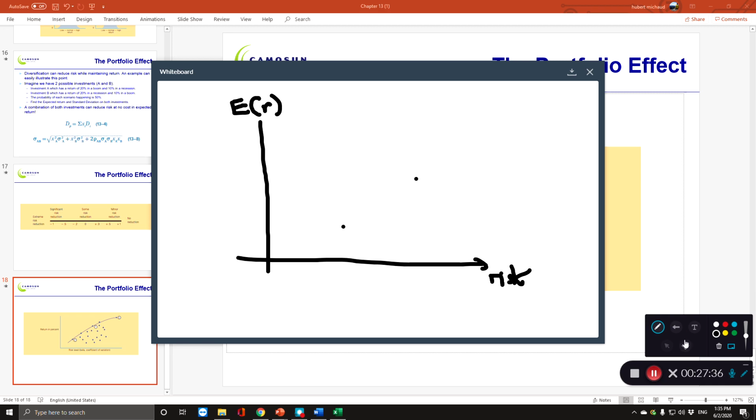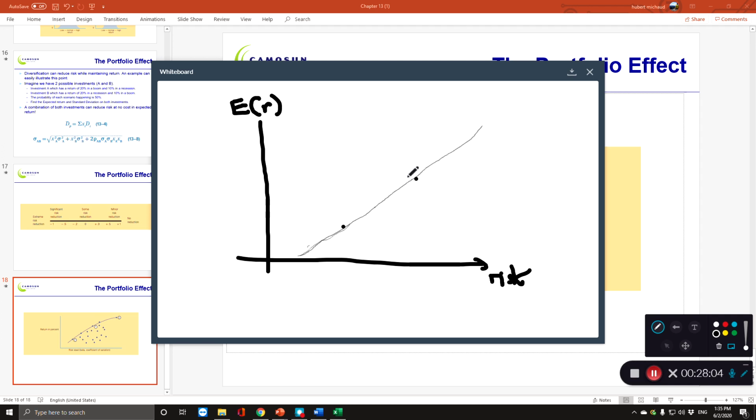Now what's interesting is if the correlation between these two securities is exactly 1, I can find all of the combinations of expected return and risk I could get using these two securities in my portfolio. I would just draw a straight line through these 2 points.